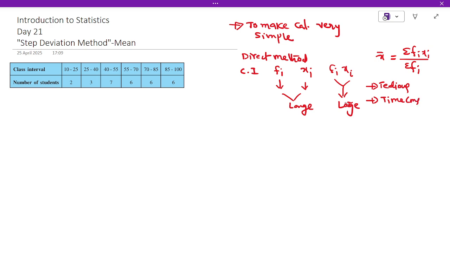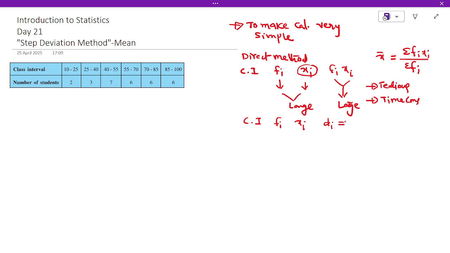So instead of taking the direct product of f and xi, let us make some changes in the xi value. We have the class intervals, the frequency, and xi, and we started making changes in the xi. We wanted to calculate the deviation.